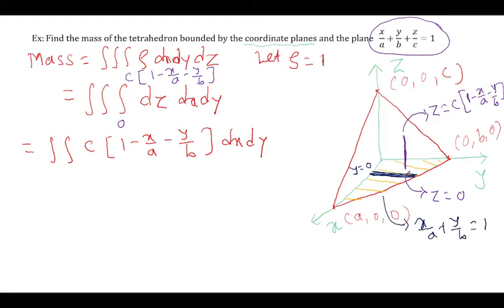Because z is 0. You replace z equal to 0 in the given plane equation, and you get the equation of that oblique straight line in the xy plane: x upon a plus y upon b equal to 1. From this we get the upper limit for y, so the limits for y are y equal to 0 to y equal to b into 1 minus x upon a.